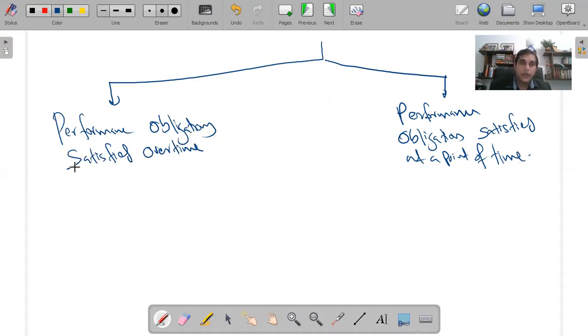Right, now I would emphasize the conditions for performance obligations satisfied over time. So please write down one by one.